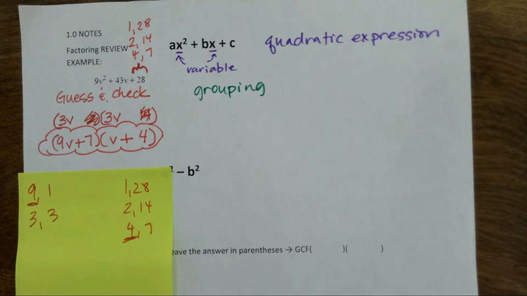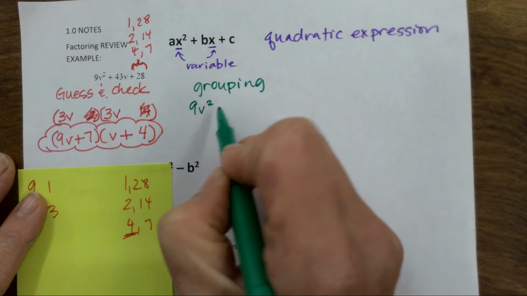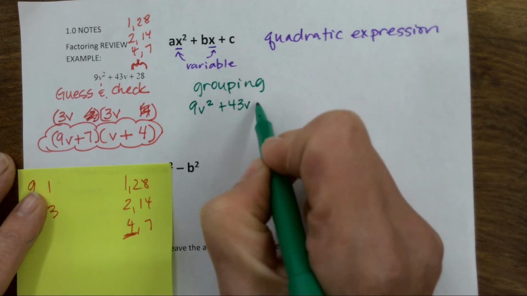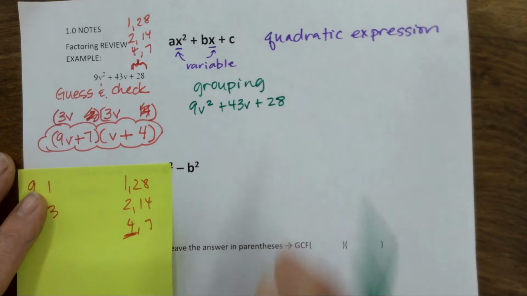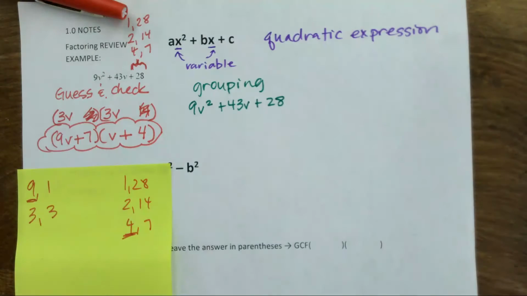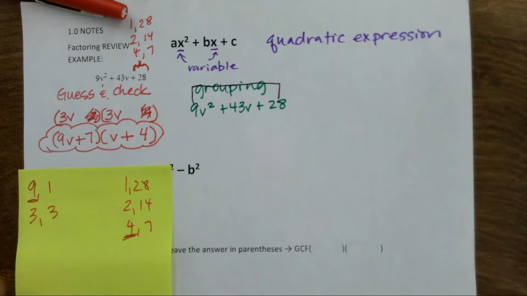And so when I factor by grouping, I'm going to take this 9v squared plus 43v plus 28, and I'm going to work with, for starters, the product of 9 and 28.